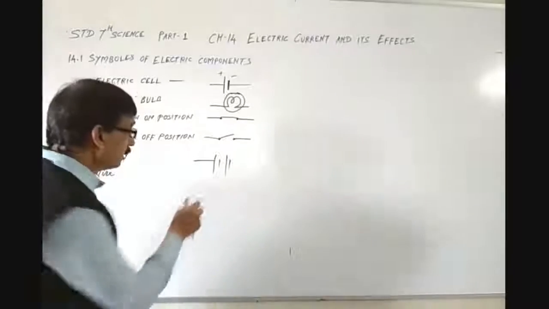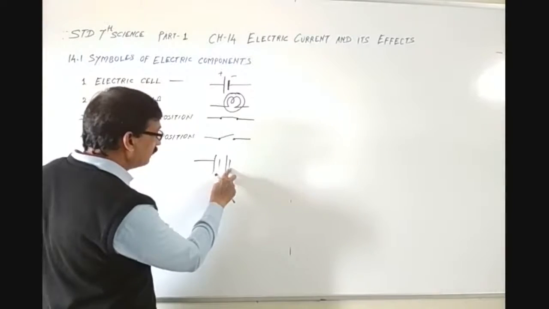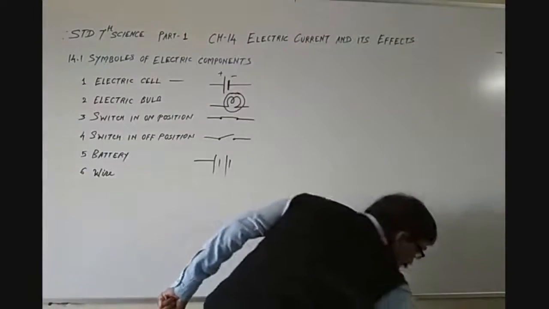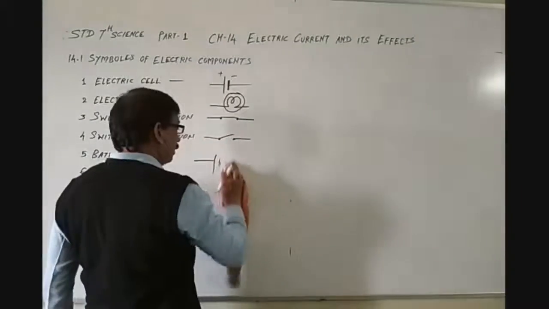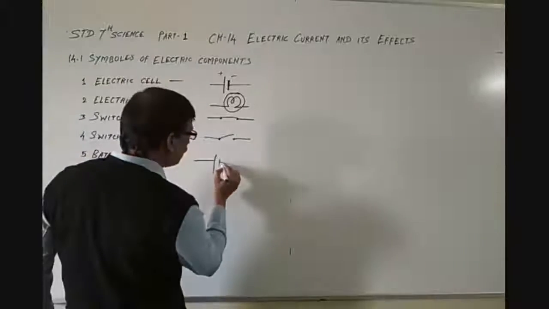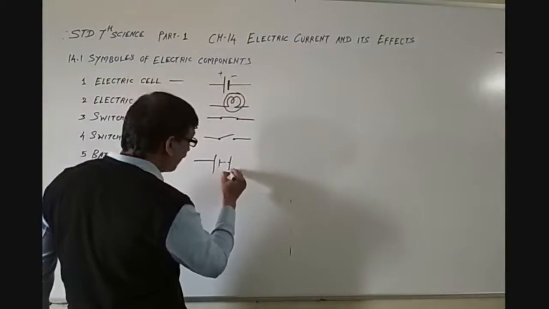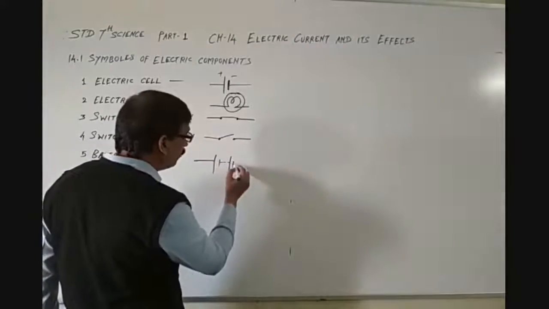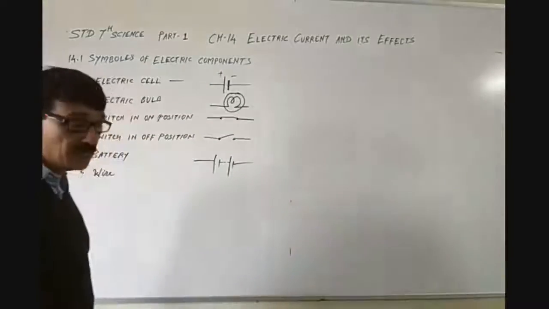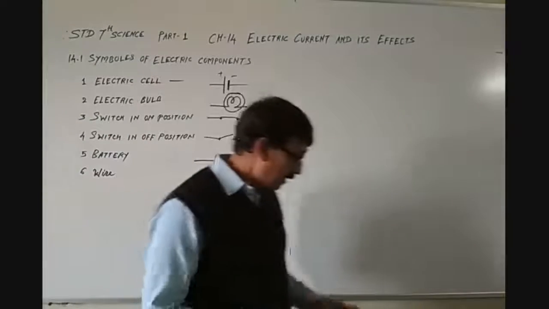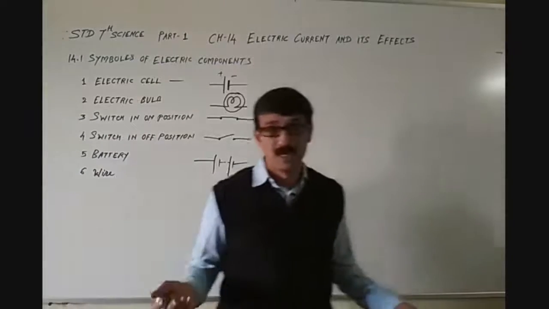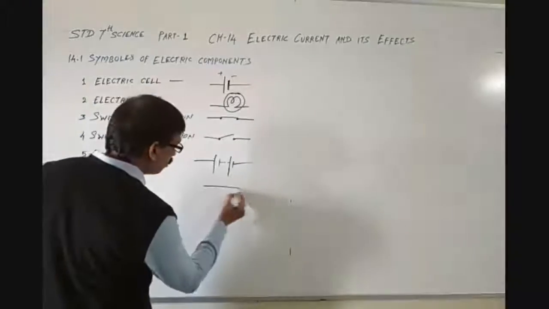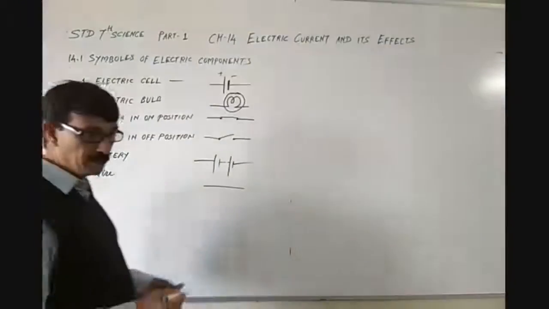That means one positive negative, another positive negative, so two cells are there. But if more than two, we draw dots like this. First comes the positive, then negative. This is the symbol of a battery. And for a simple wire, we should draw a line only.